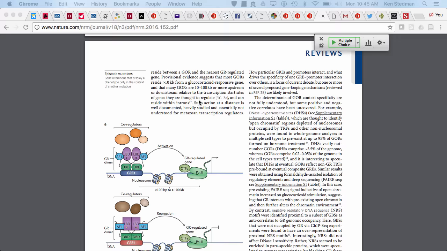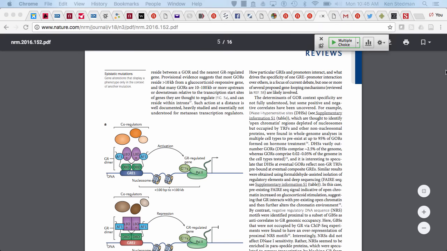Here we are. So these guys are all acting, as we've talked about before, a lot of these transcriptional regulators, thousands of nucleotides away. In the case of the glucocorticoid receptor, up to 10,000 nucleotides away. And this is the quote here: "such action at a distance is well documented, heavily studied, and essentially not understood."